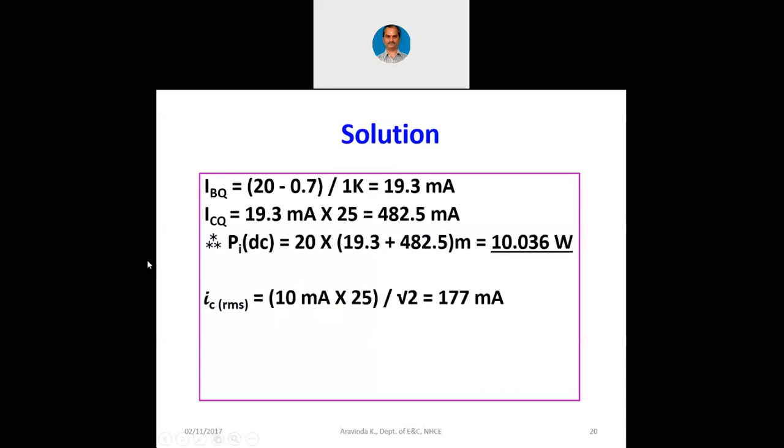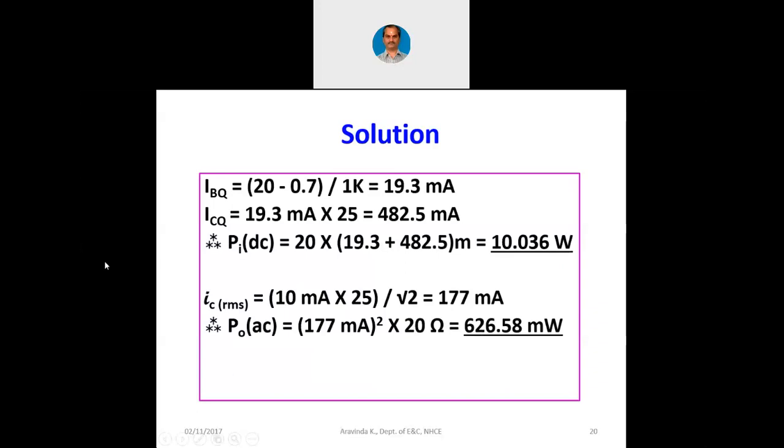Now we have found out the output current. Let us find out the output power, P0 AC. We need not find out the output voltage. Once we know the current, once we know the load, output is nothing but I squared into R. P is equal to V into I, but V is equal to I into R. So P is equal to I squared into R. So 177 milliampere squared into the collector resistance, which is 20 ohms, so it is 626.58 milliwatt.